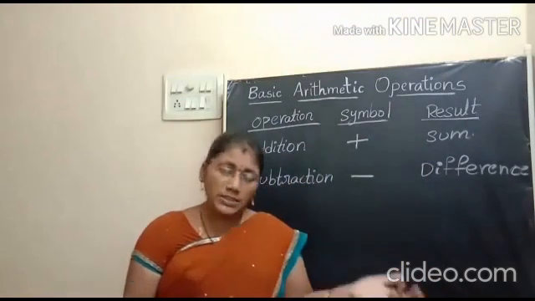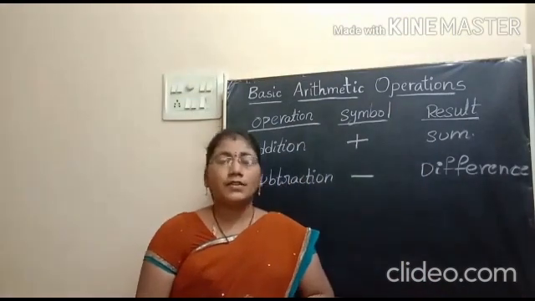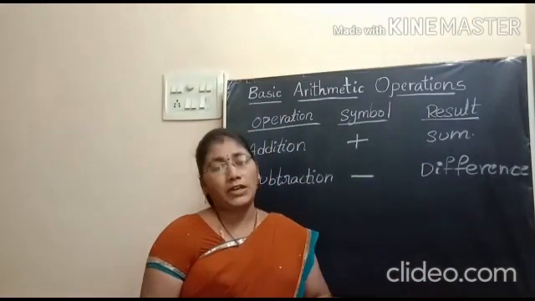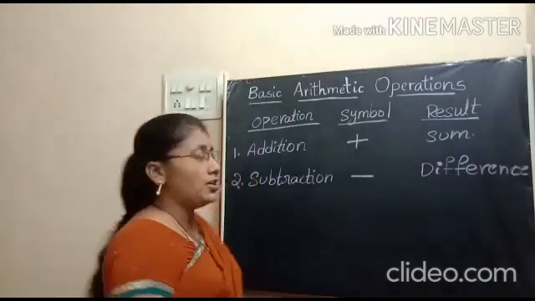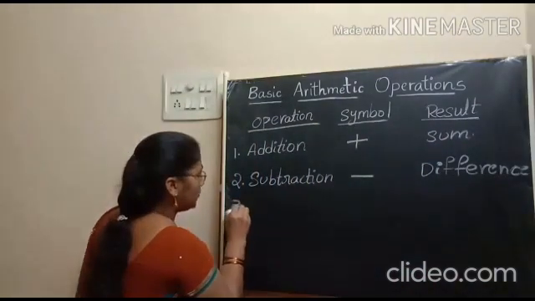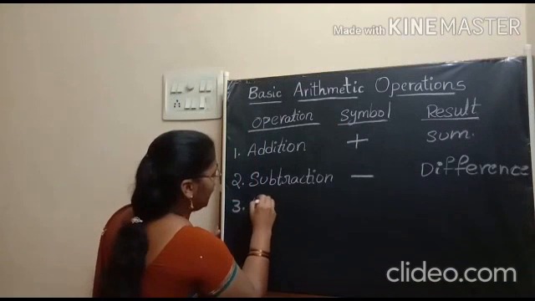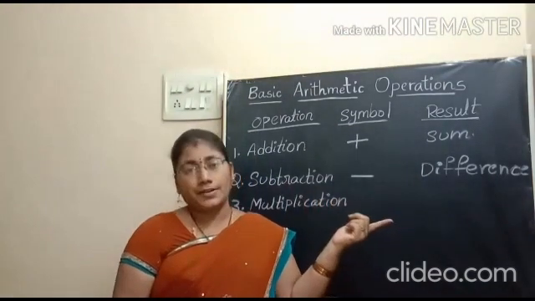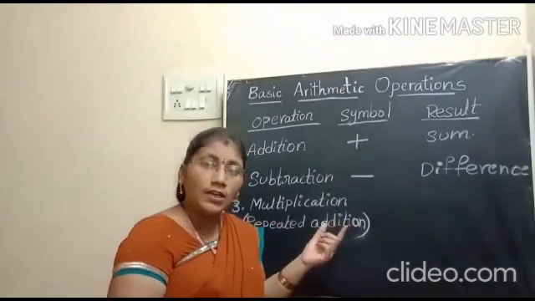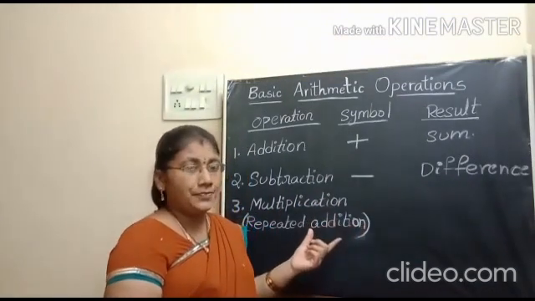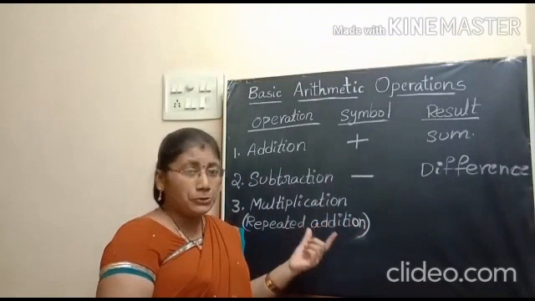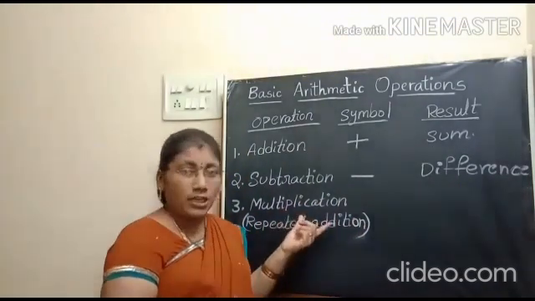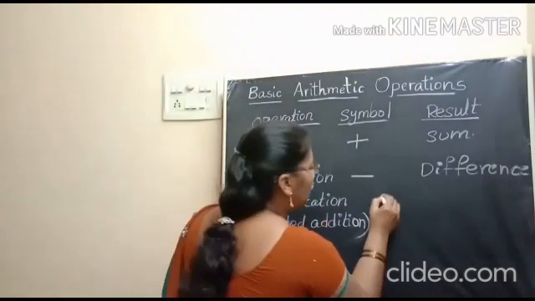What is the next basic operation? The next basic arithmetic operation is multiplication. This is also called repeated addition. And the symbol we use to represent multiplication is into.